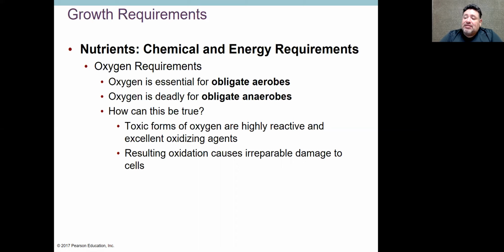The other thing that it means is that you are running glycolysis, Krebs cycle, and electron transport chain, but the final electron acceptor is not oxygen. It's either sulfur or nitrate, okay? In either of those two instances, these organisms cannot live under the presence of oxygen and are consequently called obligate anaerobes.